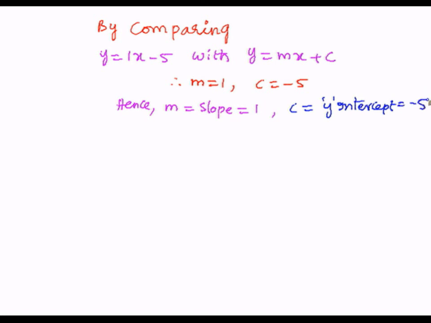So in this manner, we wrote the equation x minus y equals to 5 in the form of y is equals to mx plus c, that is y is equals to x minus 5.